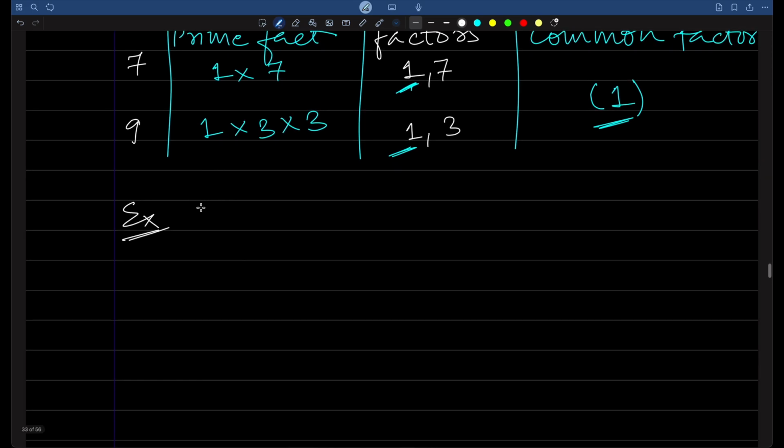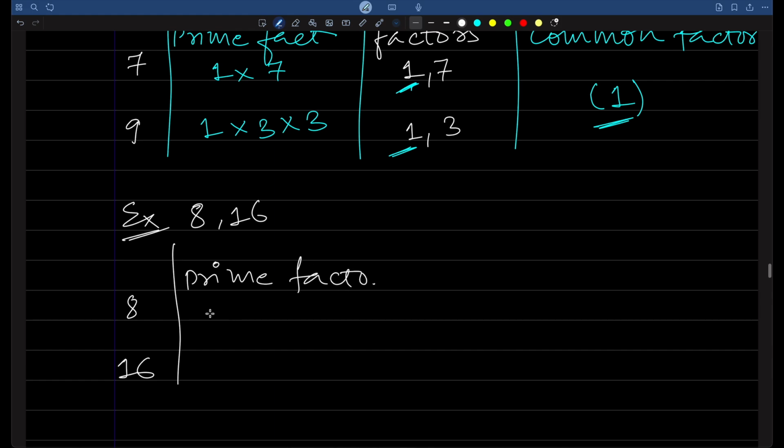If I take one more example, that is 8 and 16, then we have prime factorization of 8 is 1 into 2 into 2 into 2, and for 16, 1 into 2 into 2 into 2.